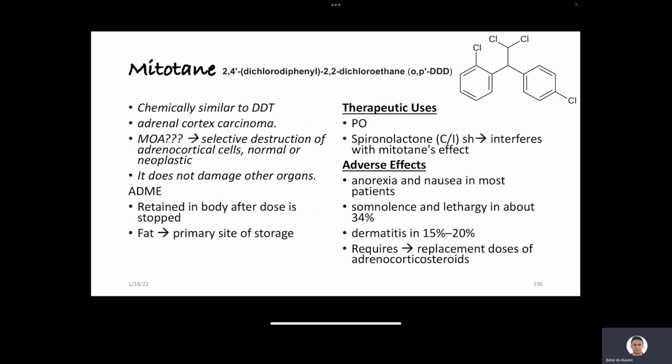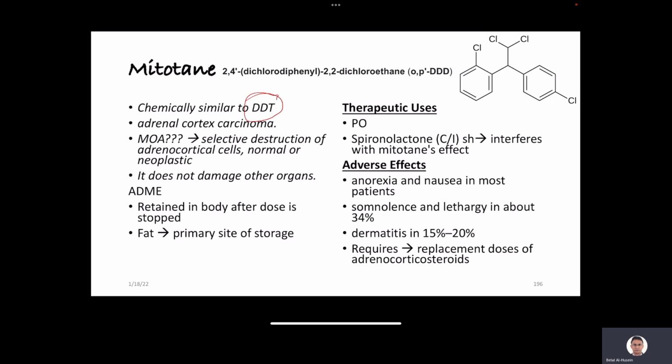Mitotane is a compound related to the herbicide or pesticide called DDT. If you remember, DDT was used as a herbicide, and the problem with that is it is concentrated in the fatty tissue and is released slowly from there, so it could poison people who consume, like, cattle that have been fed grass with DDT on it.